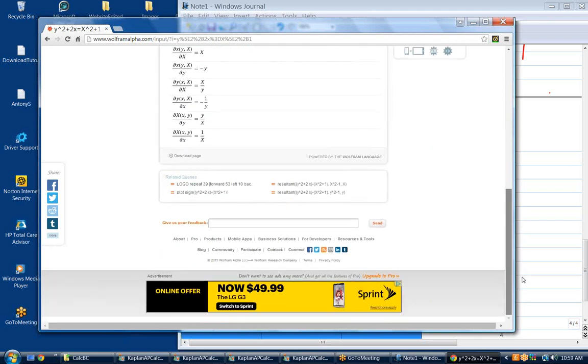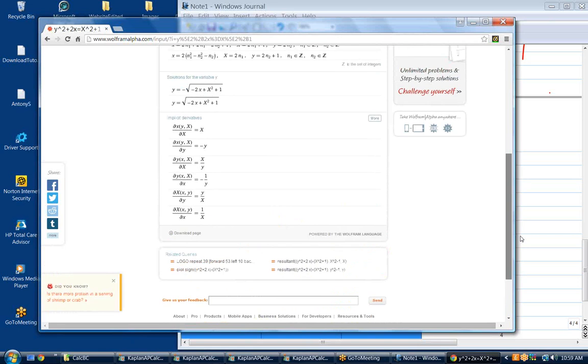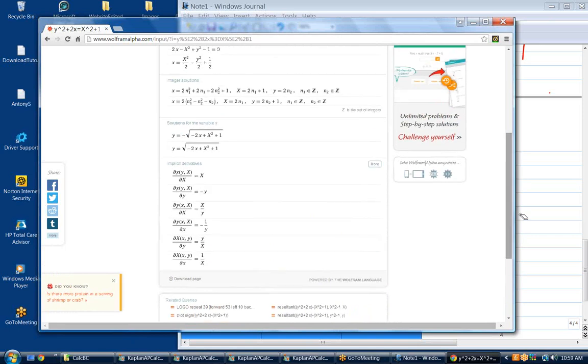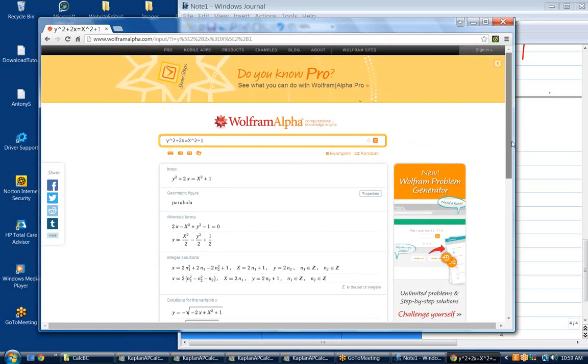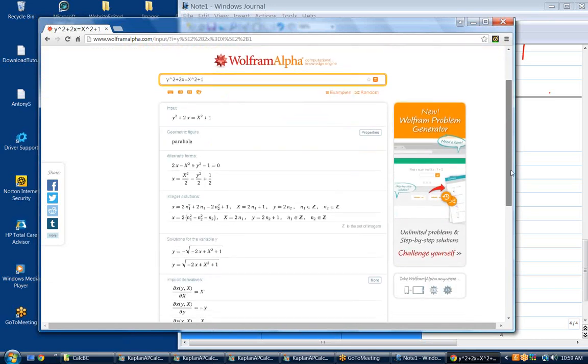One of these days I'm going to have to pay for the more advanced version of this. What do they do with the more advanced one? Oh, they just give you a lot more capabilities. You can do things like zoom in on graphs.